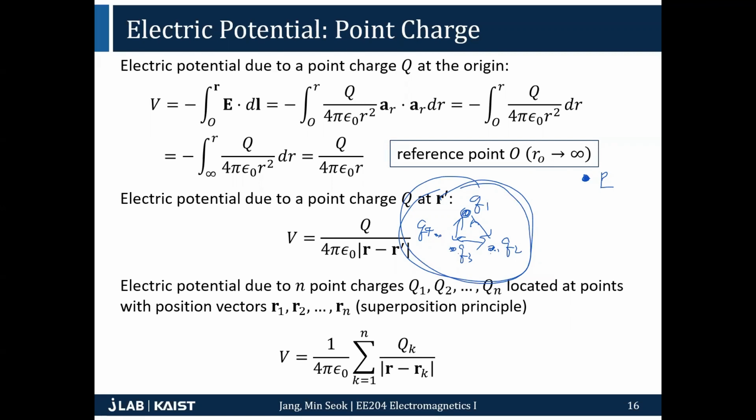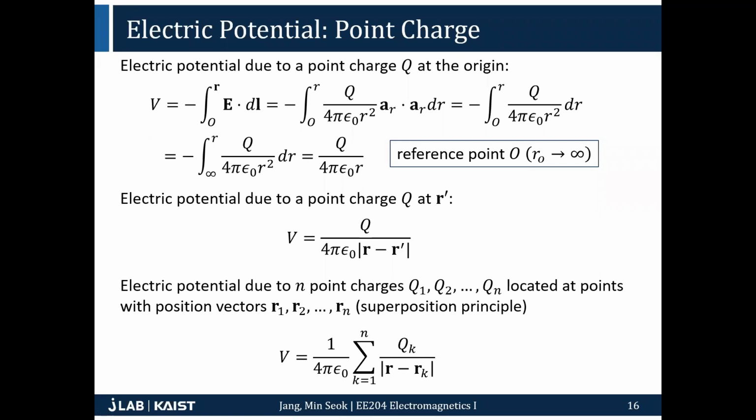Okay, good. And E. Jae-sung asks, can't electric potential be defined without reference? This is also a good question, and the answer is correct. Yes, you can only define the electric potential difference between two positions.